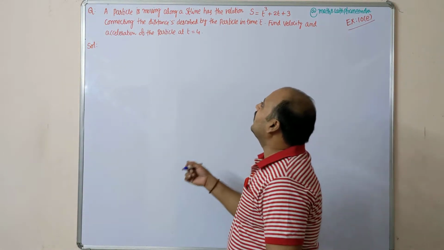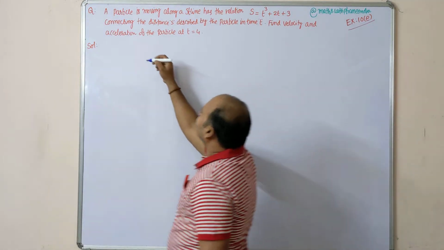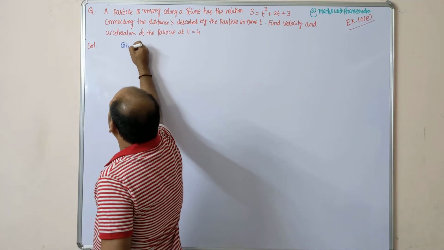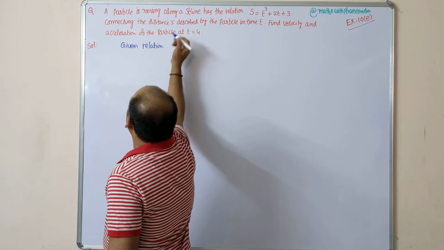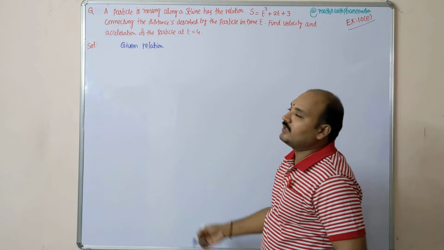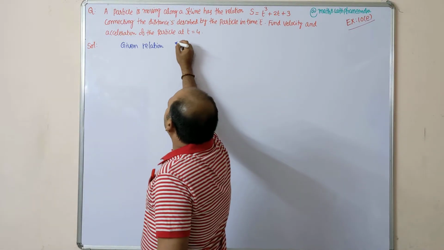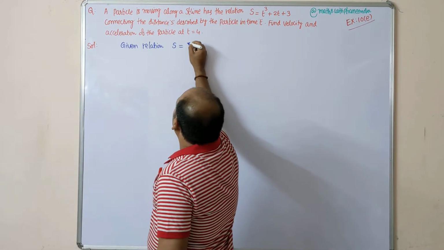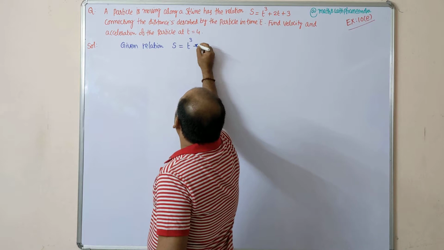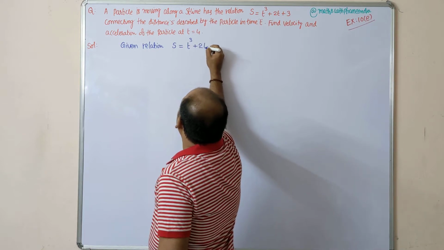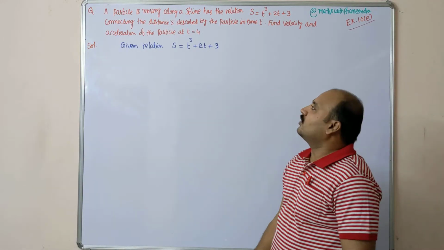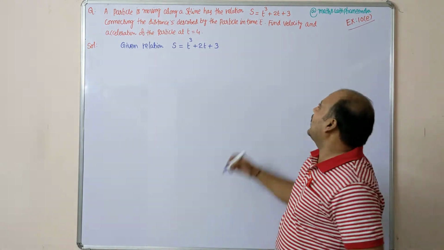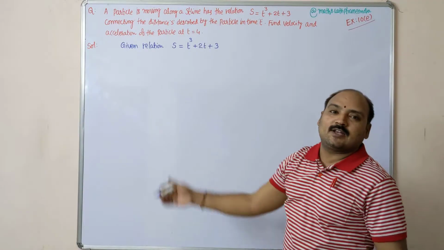So first, given relation s equal to t cube plus 2t plus 3. Displacement is given, so they are asking to find velocity and acceleration.